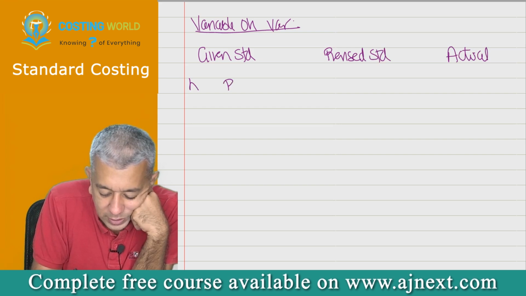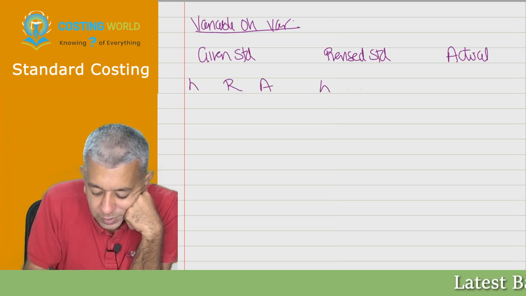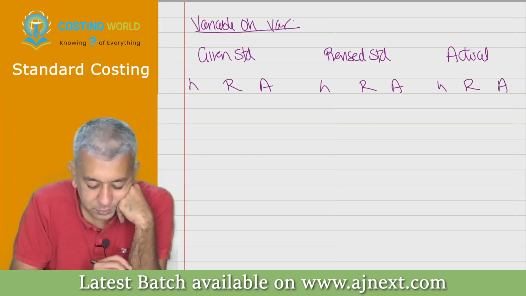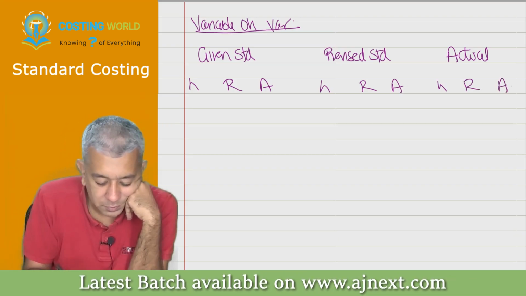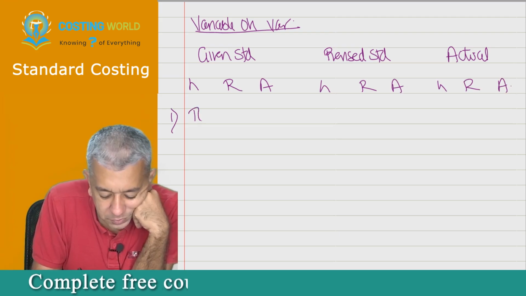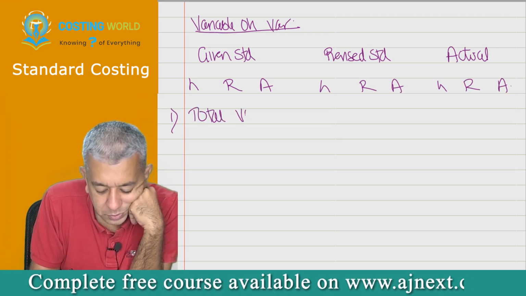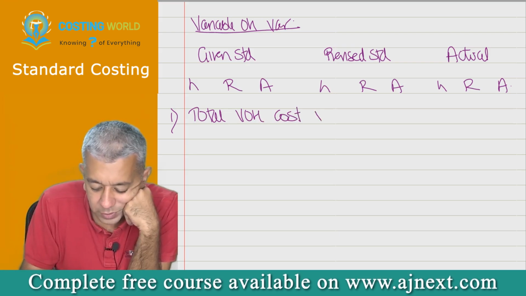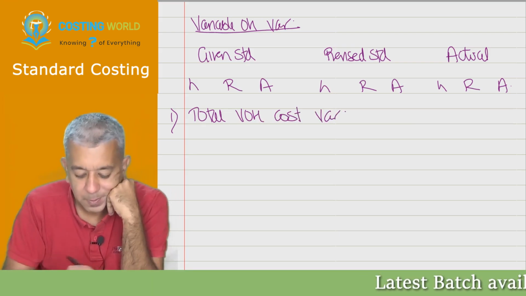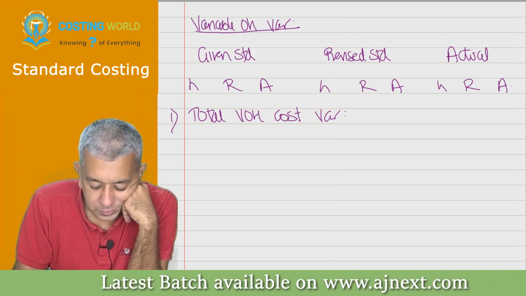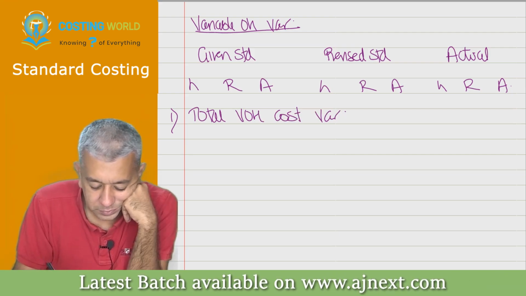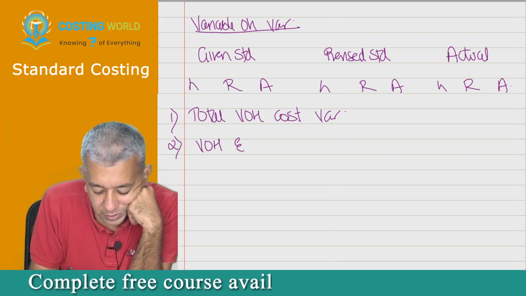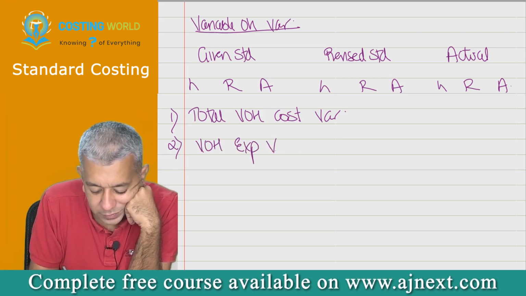Leave one line, hours, rate, amount, hours, rate, amount. Leave one line, write down total variable overhead cost variance. Leave one line, second, variable overhead expenditure variance.